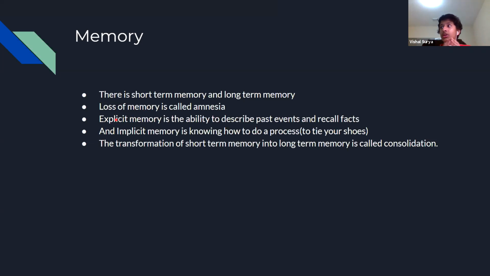Implicit memory is knowing how to do a process, for example, to cook a type of food or to tie your shoes. While you're doing that process, that's implicit memory. And the transformation of short-term memory into long-term memory, as we saw what the hippocampus does, is called memory consolidation. Consolidation is a fancier term, so you don't have to memorize that term, but it's good to know.